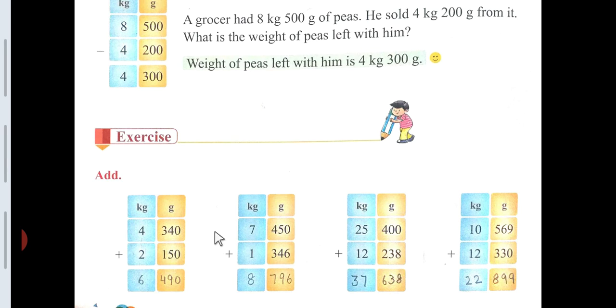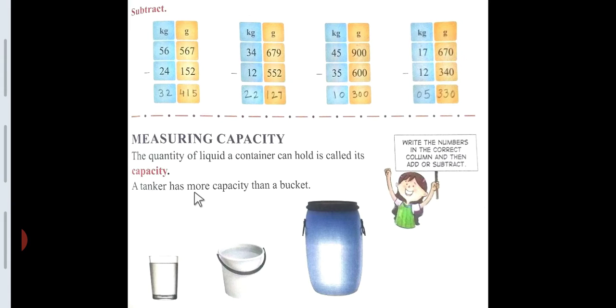So let's move to the exercise. As you can see, I have done the exercise of addition, that means add. 4 sums have been given in this exercise. So you will also do this addition exercise in your book. So let's move to subtraction.